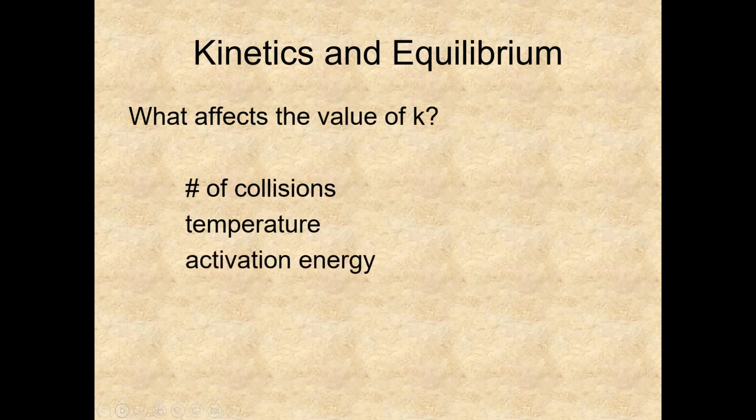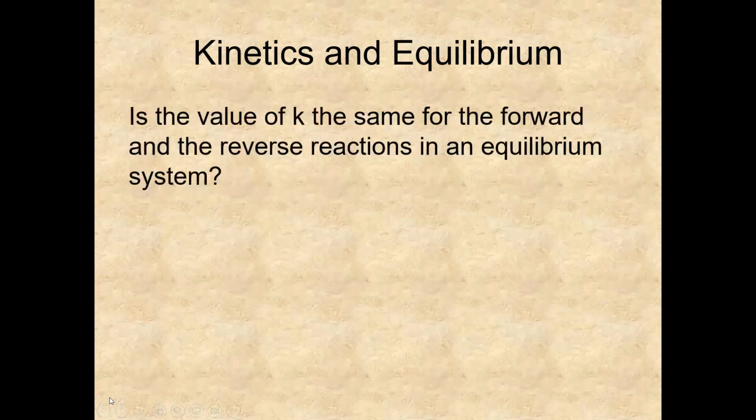So we said that particles had to collide. They had to have enough energy to turn into products, and temperature could make them collide more often, resulting in more products. So now looking at whenever we are talking about the value of K, that rate constant for the forward and reverse reactions in an equilibrium system.